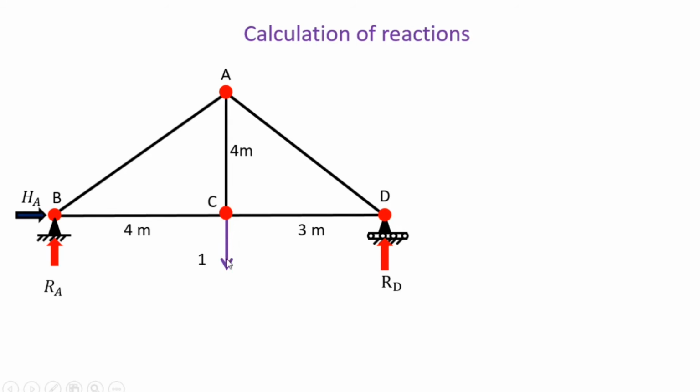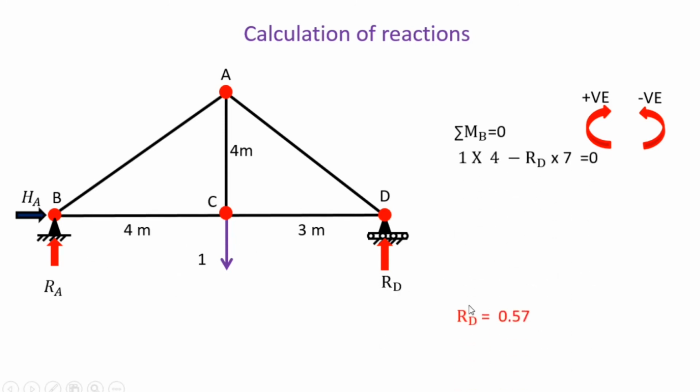So apply a unit force at C, and that is 1. The first step is the calculation of the reactions. We are taking sigma MB is equal to 0, clockwise positive and anti-clockwise negative. So 1 into 4 is clockwise and RD into 7 is anti-clockwise. So here RD is equal to 0.57.